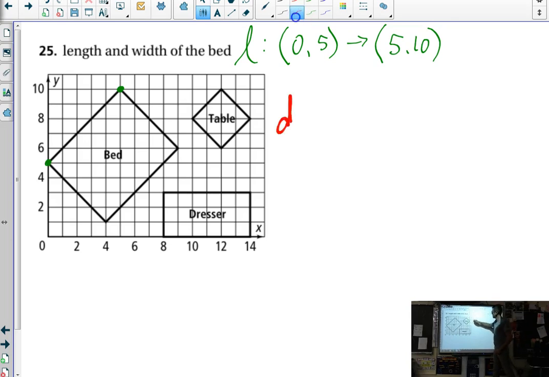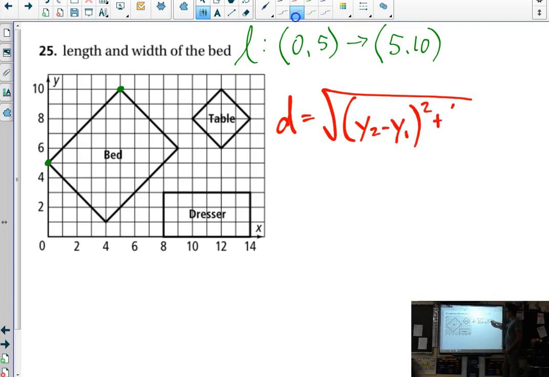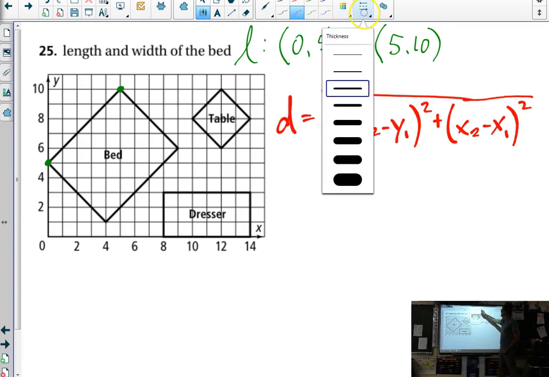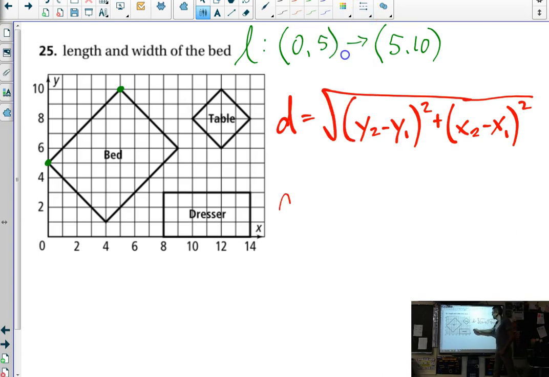So again, set up your distance formula, square root, y2 minus y1 squared, x2 minus x1 squared. Plug in.